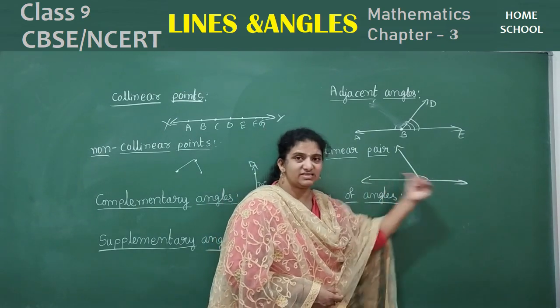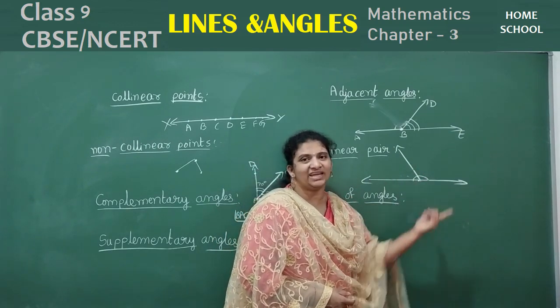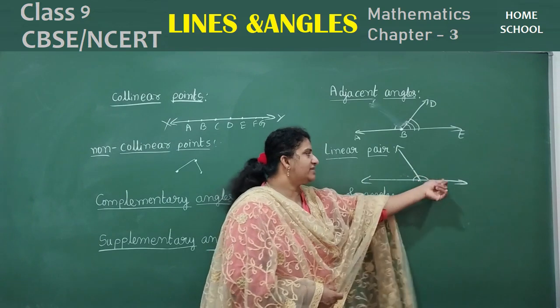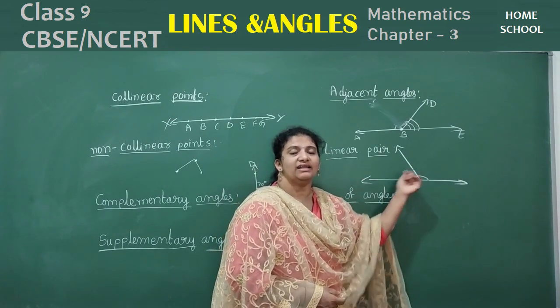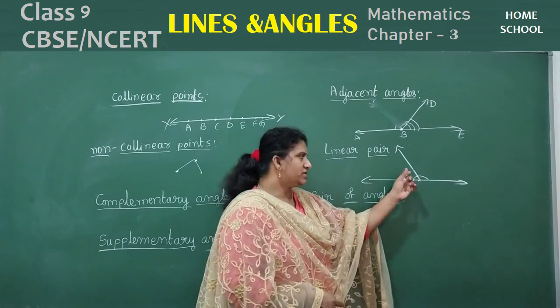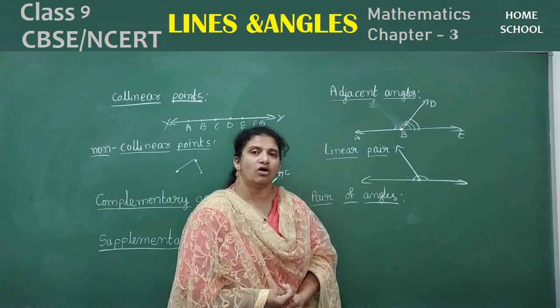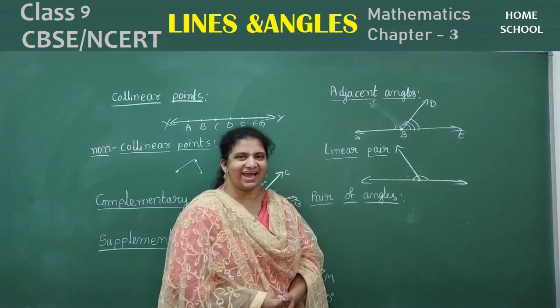And if this is a straight line, the sum of the angles will be how much? 180 degrees. Why? It makes a straight line. The angle is a straight angle. It will be 180 degrees. Suppose the sum of any two angles is 180 degrees, those are called supplementary angles.